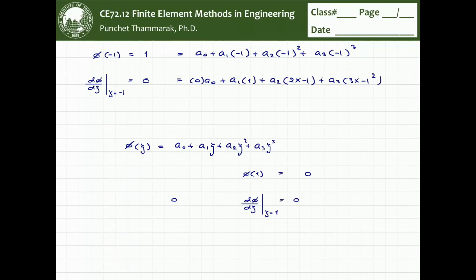You just differentiate this shape function with respect to c, and next you substitute the c value equal to minus 1.